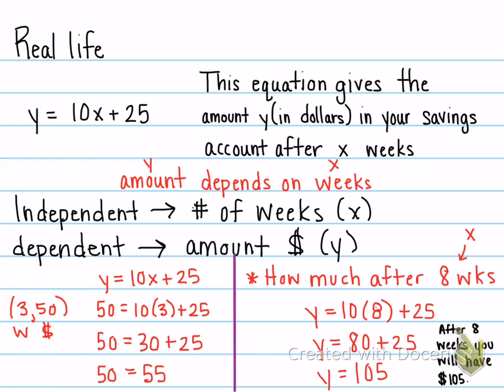That's your input value. That's the one that fluctuates and changes. The number of weeks changes, and how much you have in your account changes because of that. So you can plug in according to what they give you and solve for the other one, or you can plug in both x and y to see if it makes your statement true or not.